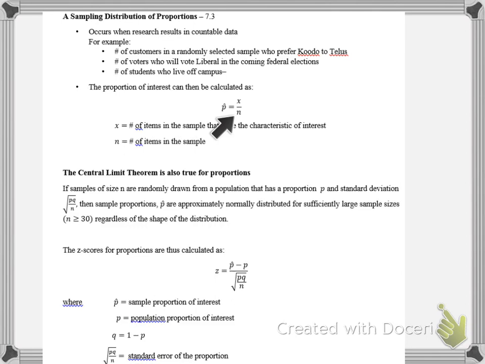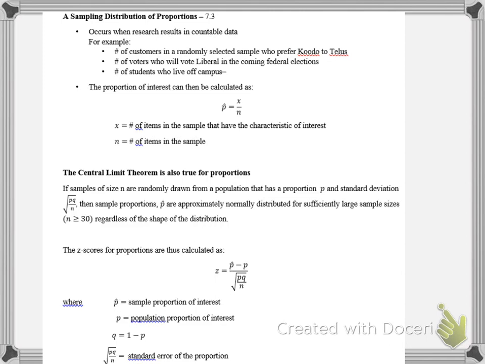Now it turns out that just like the central limit theorem that we discussed for 7.2 ensured that the sampling distribution was normal, the same thing is true here as well. The central limit theorem is true for proportions too, and it goes as follows.